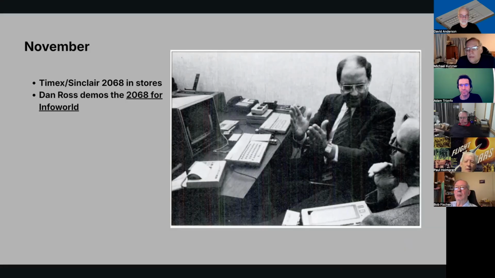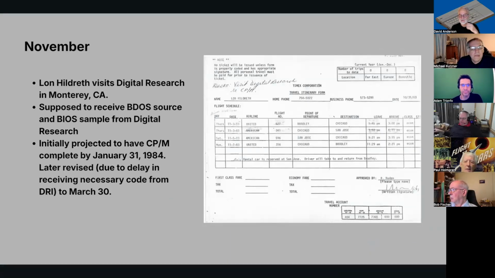Maybe there is something plugged into the back of this 2068, a square box. It might be interfacing to it, but it could also be the modem connector. It's hard to say. We don't have hard evidence for this sort of stuff.